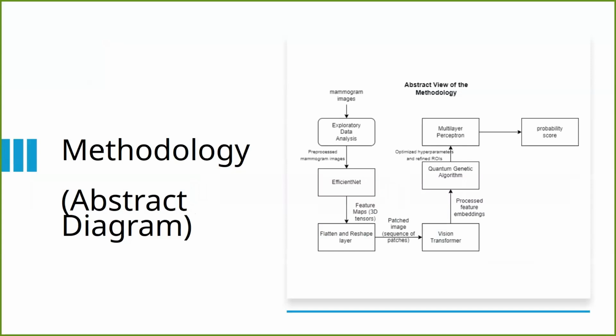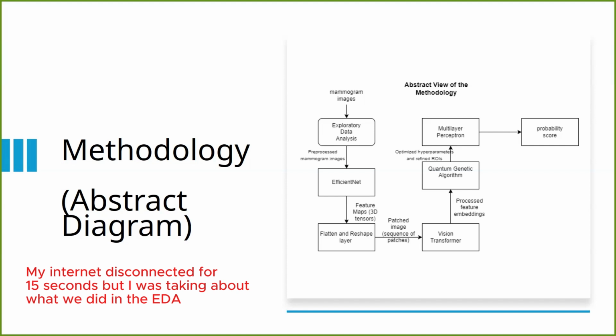So before we talk about the computational issues, I wanted to first talk about our methodology as it's clearly visible. We start with the mammogram images, which are going to go through a meticulous oversampling.